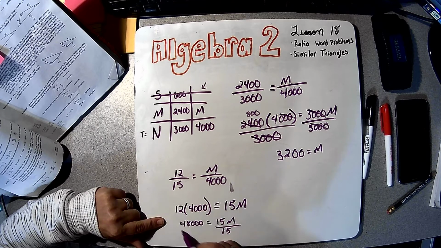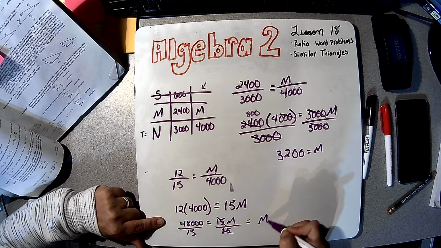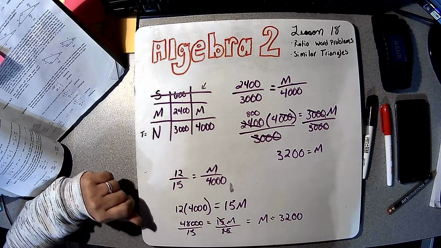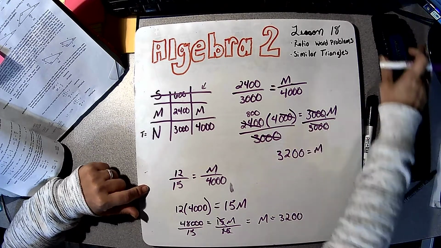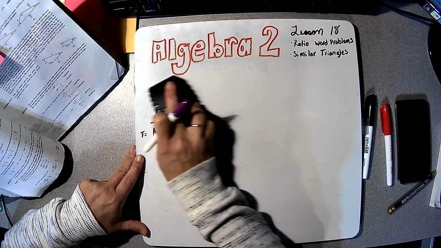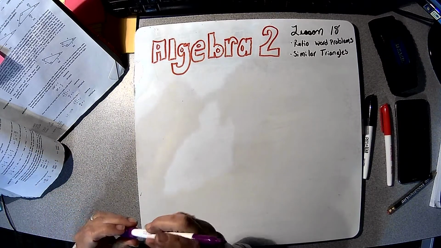Divide by 15 on both sides, and we're going to come out with the same answer. M is going to equal 3,200. Actually, this way ended up being easier. All right, that's all the examples they give you on that.